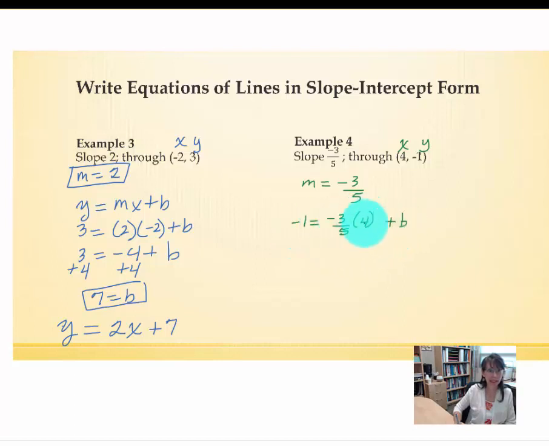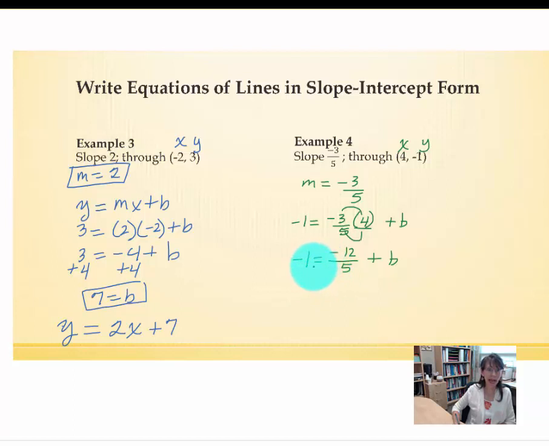Now this one doesn't have the convenience of 5 reducing with 4. So we'll have to just go ahead and multiply that out. -1 equals, if it helps, 4 is the same as 4 over 1, so the numerators give -12, denominator 5 times 1 makes 5, plus b. So this looks a bit awkward, but that's okay. We'll be able to work with it.